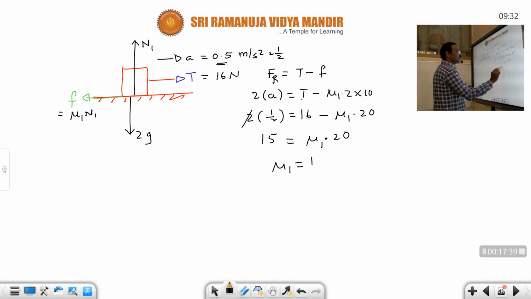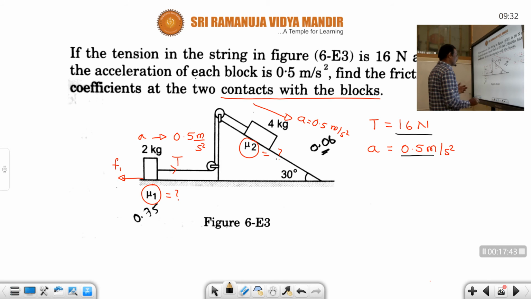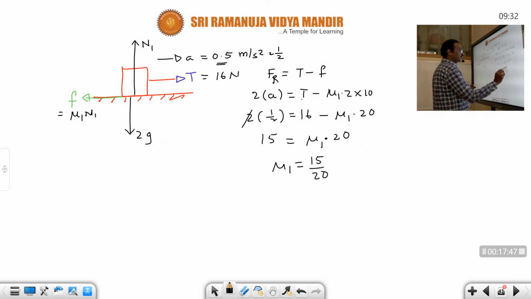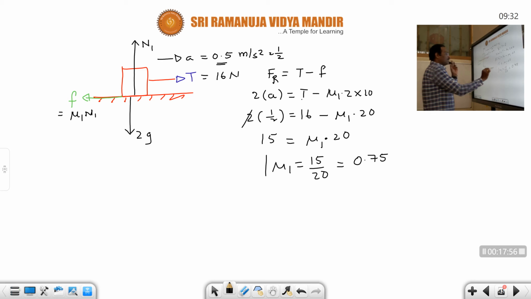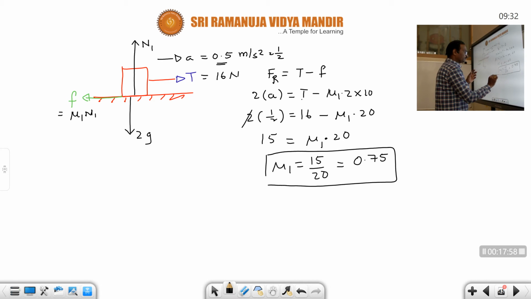Therefore mu1 is equal to 15 by 20. There we are getting the value of 0.75. This is the value of mu1 we got.